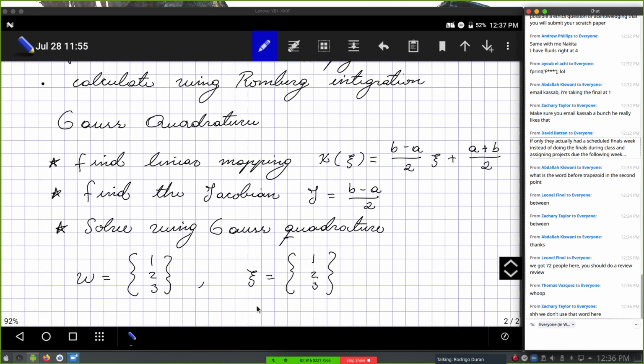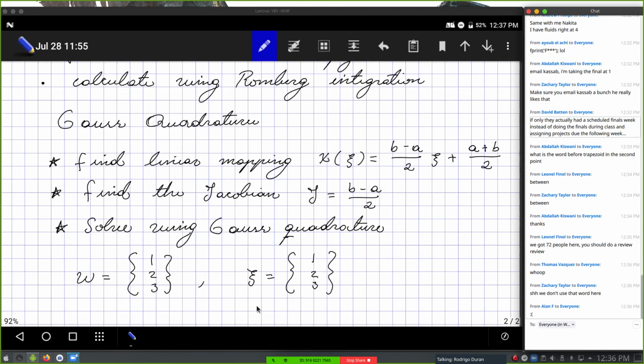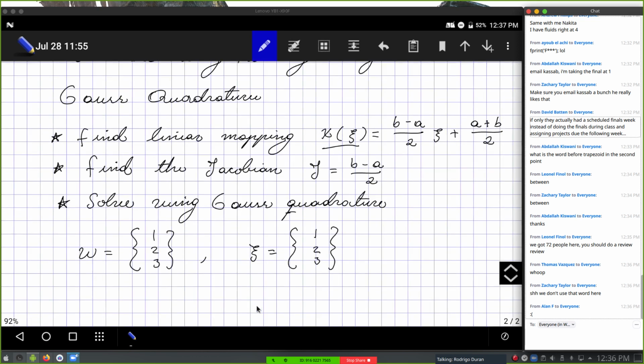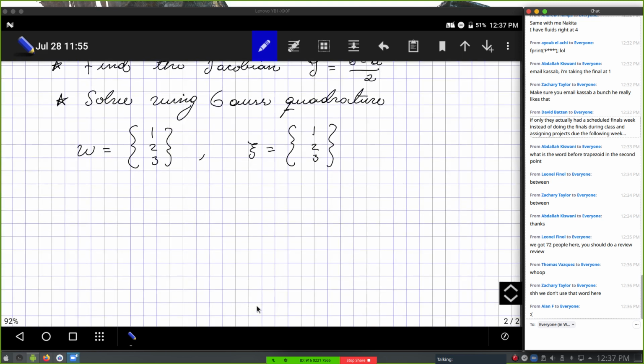And then once you move into the Gauss quadrature part of section 2, you will find the linear mapping, which is x as a function of the psi value, you have to know how to find the Jacobian, and then you have to solve the Gauss quadrature by hand. So that is with respect to that.